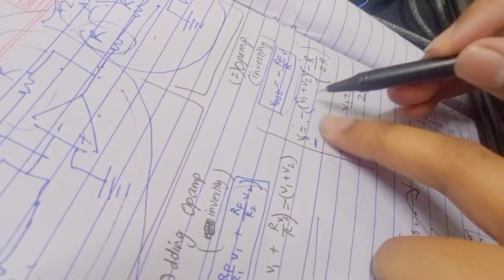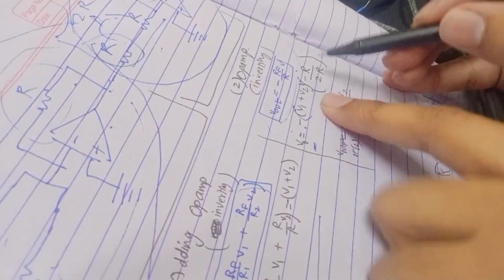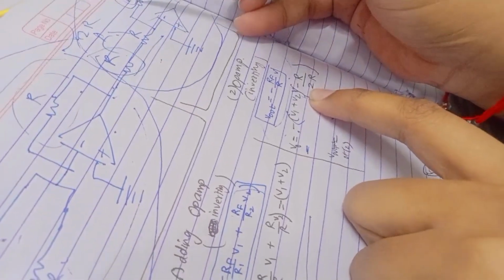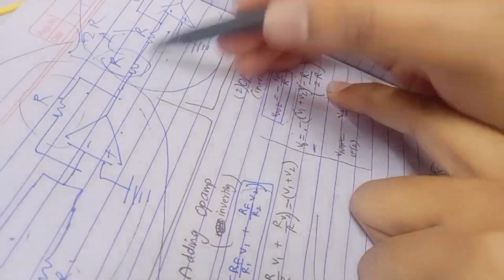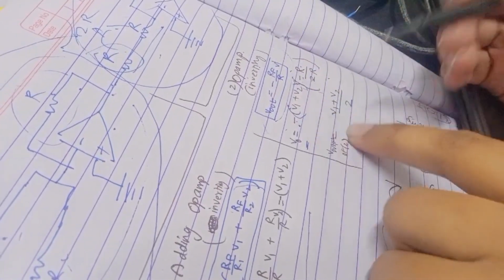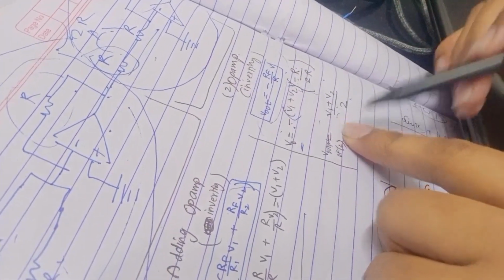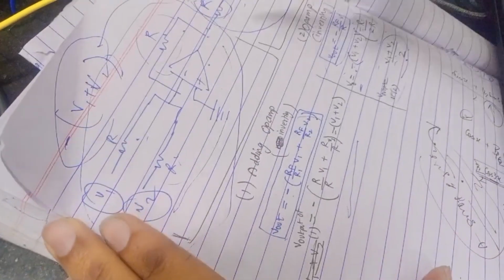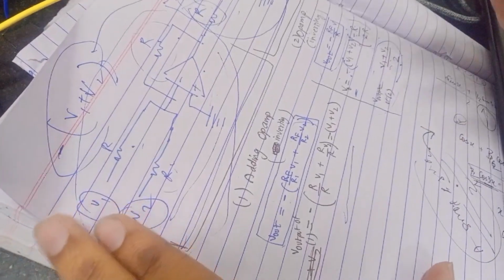V out is the input V1 plus V2 into minus the feedback resistance by the 2R, and there will be a negative for this output also. So negative negative cancels, and we get V1 plus V2 by 2, which is the average output of the two sine waves we have given. So this is the circuit we have designed.